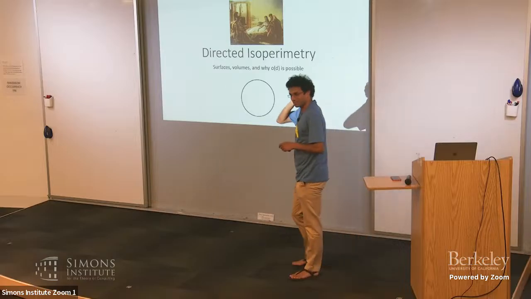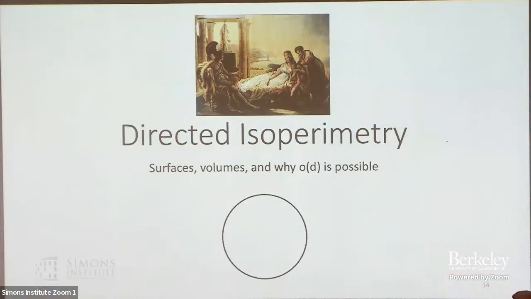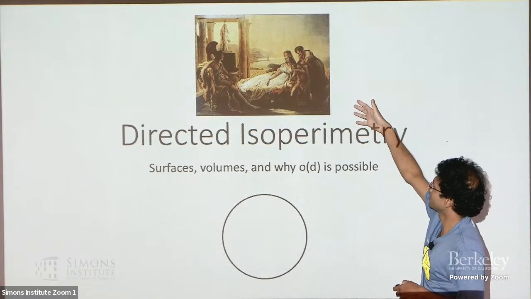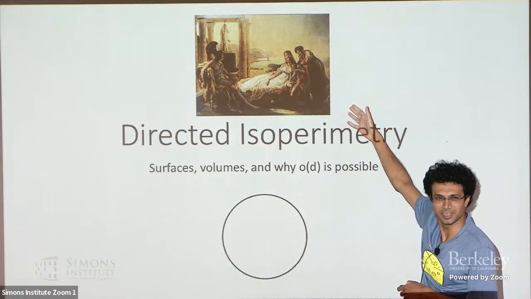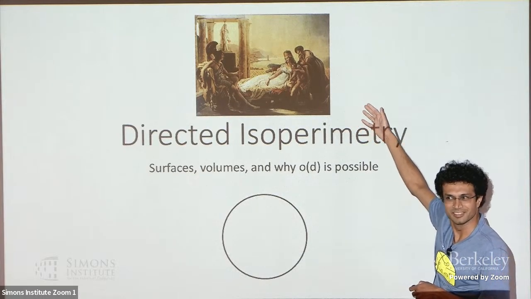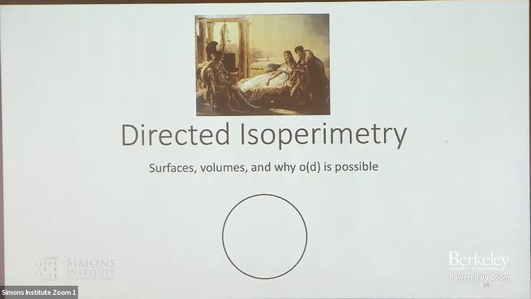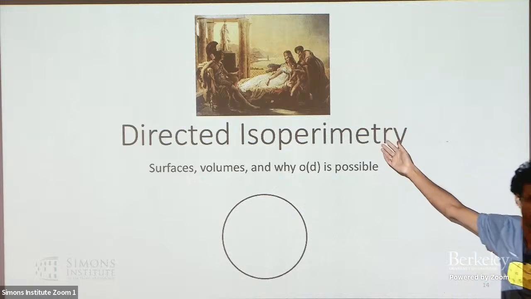Directed isoperimetry. So this is a question of why surfaces, volumes, and why little of these possible. Can anyone guess what that picture is? Why did I put that up there? So, I Googled, this is the picture of Queen Dido of Carthage.